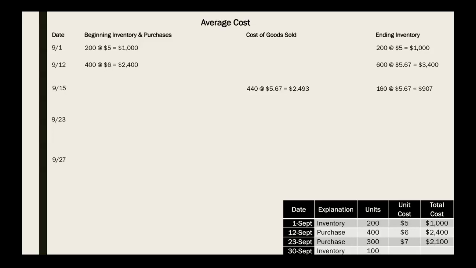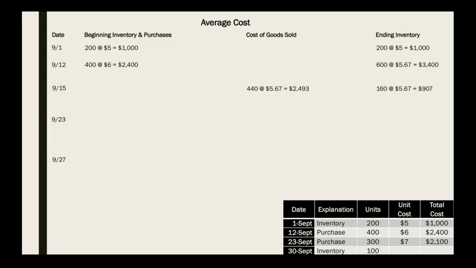So we then take a look at our ending inventory. We had 600 units. We just sold 440 of them. So we can write 160 units for our ending inventory.